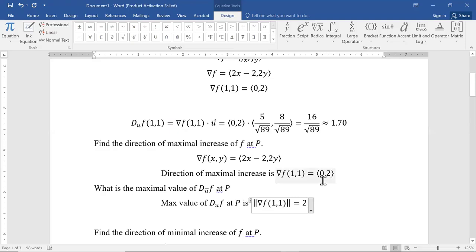Which is the square root of 0 squared plus 2 squared, which is 2. Magnitude of (0, 2) is 2.